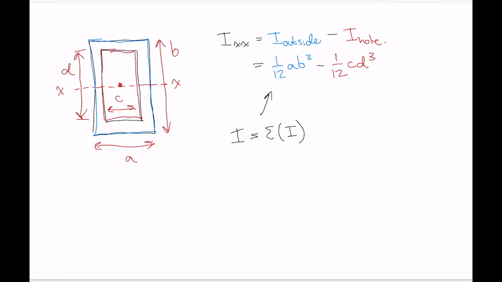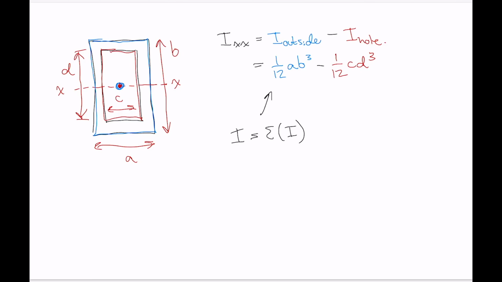Now we can only apply this principle, where we do a straight up addition and subtraction of moments of inertia of component shapes, if the centroids of those shapes all lie on the same axis. In this case, for the outside of this cross section, the centroid lay right at the center, and for the hole, the centroid also lies at that same location.